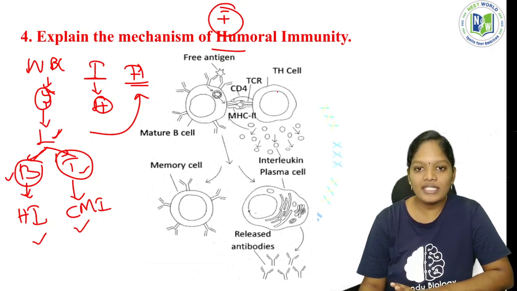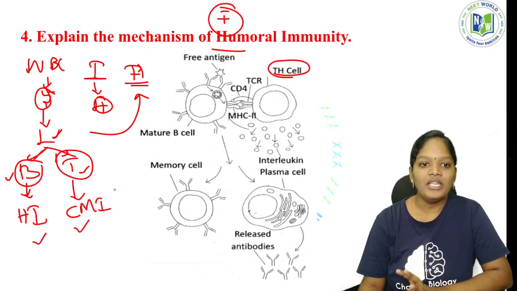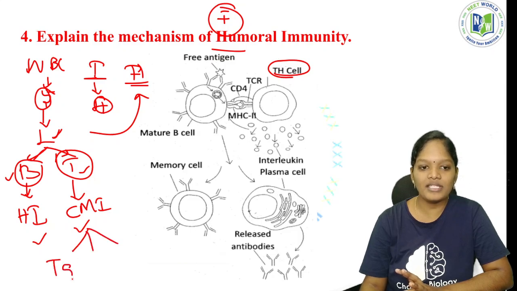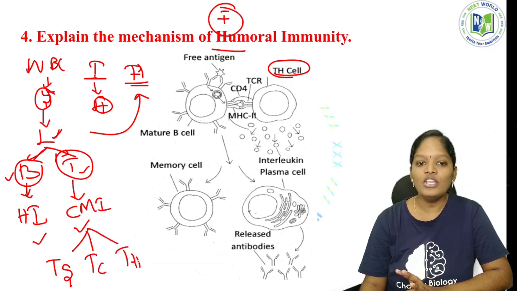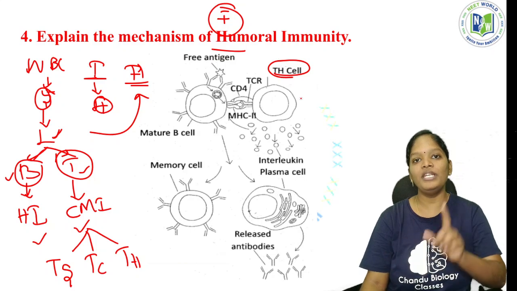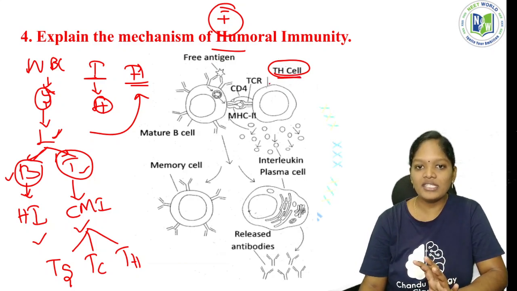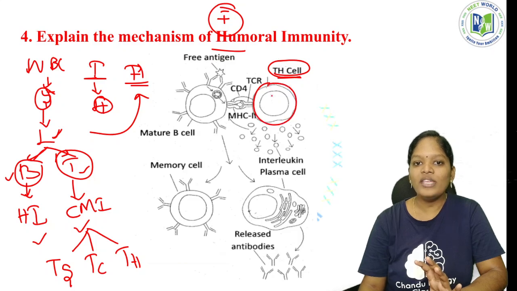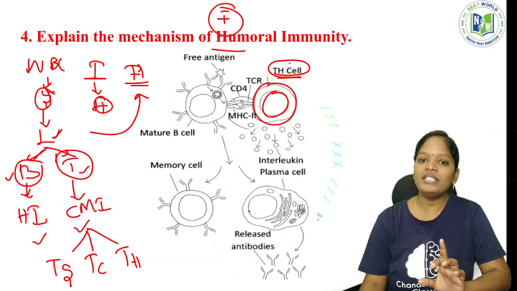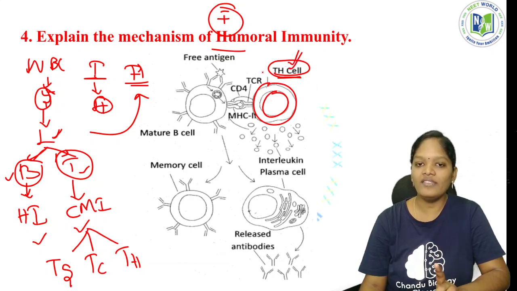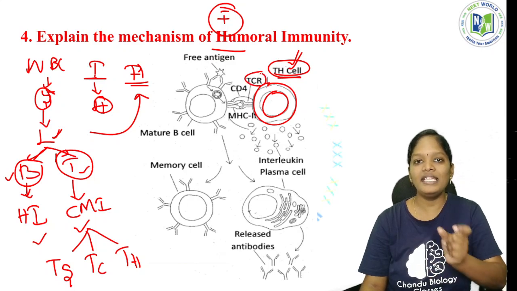See here, this is the T helper cell. In the T cells, we are having 3 different types of cells: suppressor T cell, cytotoxic T lymphocyte, and the helper T cell. The helper T cell we can denote as TH cell. Each cell has a receptor, and in the same way the T helper cells also have a receptor, called the T cell receptor, TCR.